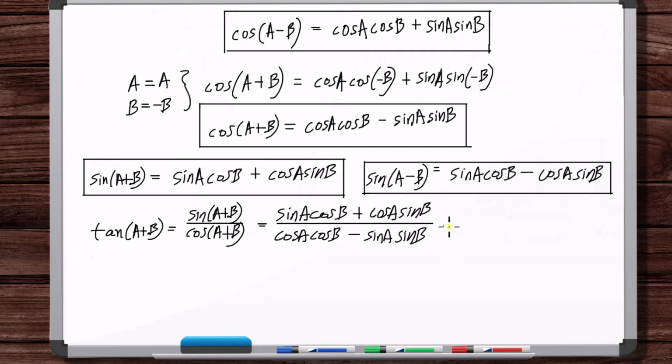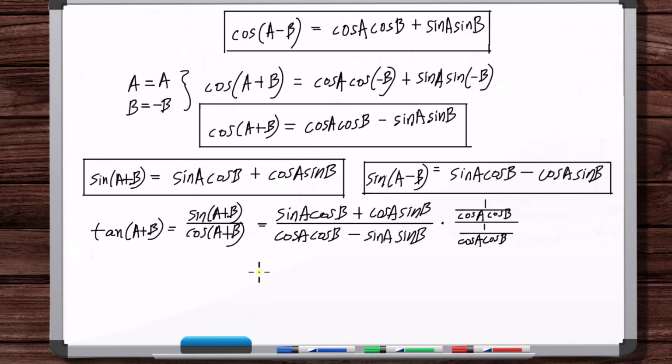All right, now we want to multiply this by 1 in the form of 1 over cosine a cosine b over 1 over cosine a cosine b.